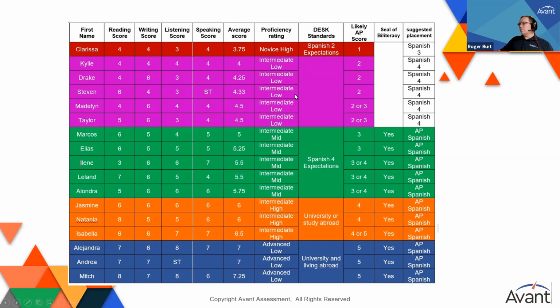So they were ending whichever year they were at intermediate low, which was kind of the minimum entry point for us for Spanish 4. And then intermediate mids, they've met Spanish 4 expectations. So they come into Spanish 4 at least intermediate low. They leave at least intermediate mid and go on to AP and so on and so on. And so that's how we went about placing them within our school.